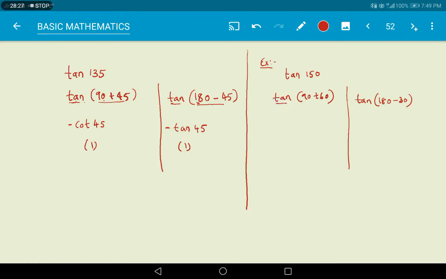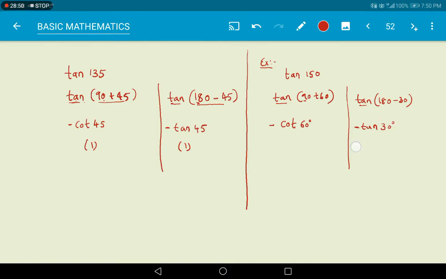So tan with 90, an odd number, becomes cot, second quadrant minus, so we are going to get minus cot 60, and then tan becomes tan only, second quadrant minus tan 30.